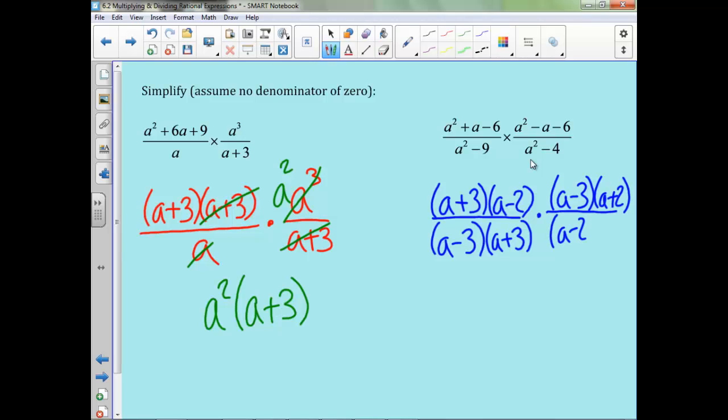Denominator is a minus 2, a plus 2, difference of squares. Now our a plus 3's can cancel. Our a plus 2's, a minus 2, and a minus 3. When everything divides itself, we are left with 1.